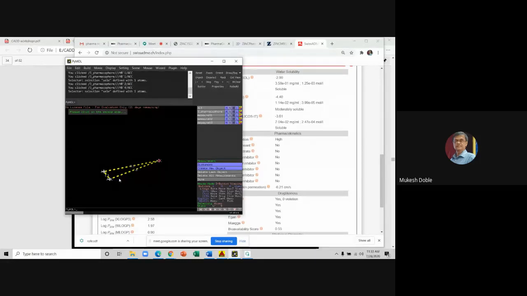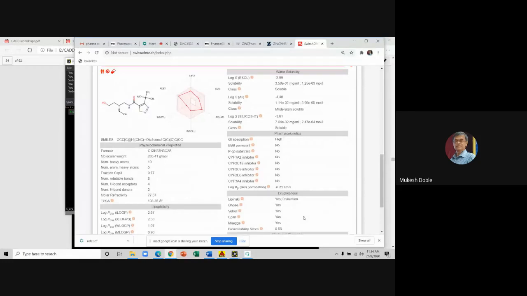That is the acceptor at about 1.3, 1.8 and 8.3, and it satisfies all the drug likeness properties, ADME properties, and bioavailability. As you can see here, the bioavailability is also good. Polar surface area is also within range.